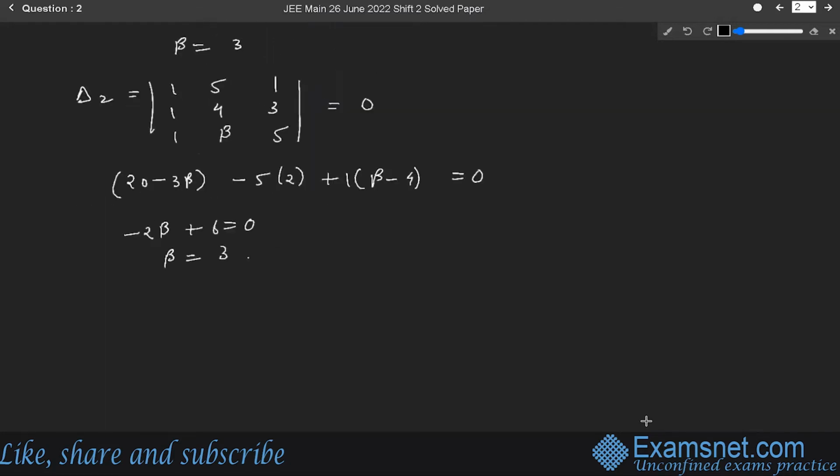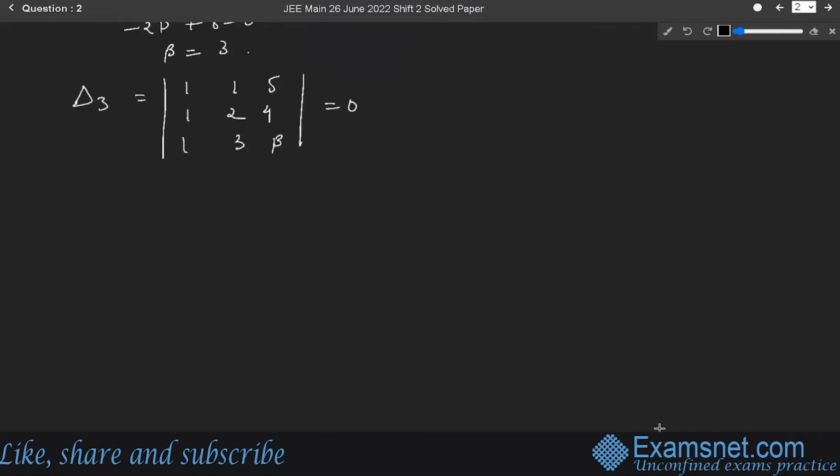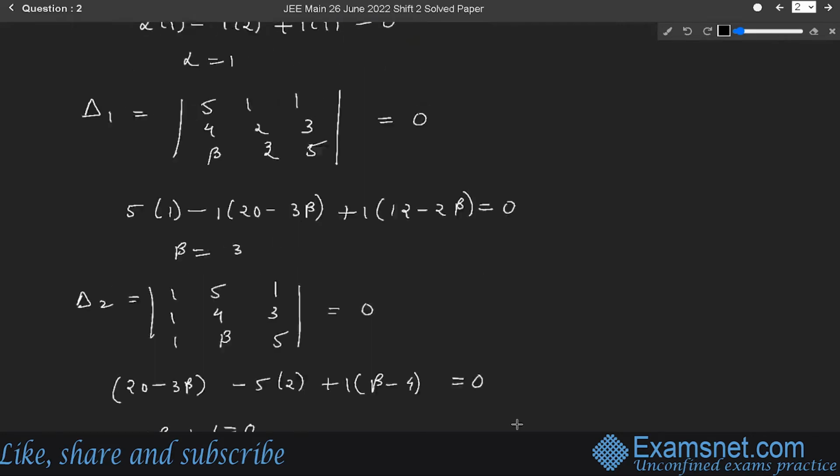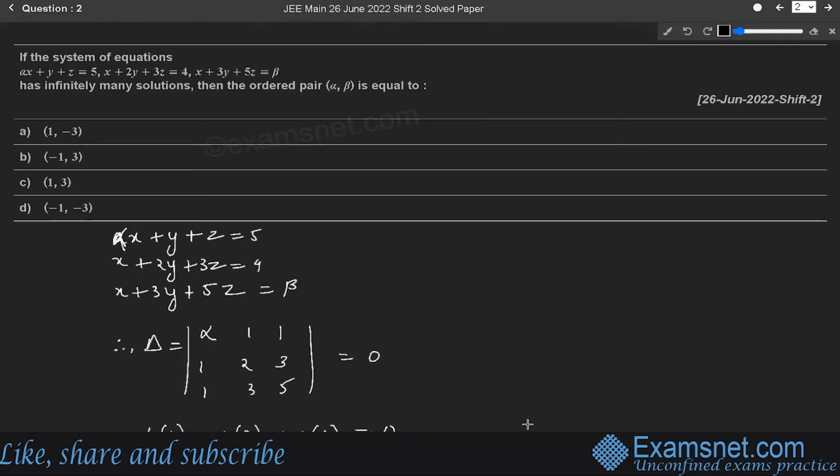Similarly, we can say that delta 3 is equal to the determinant of 1 1 5, 1 2 4, and 1 3 β. Again, it will be equal to 0. On further expansion, beta will be equal to 3. Therefore, the values for alpha, beta are 1, 3. Hence, the correct option for this question is (1, 3), which is option C here.